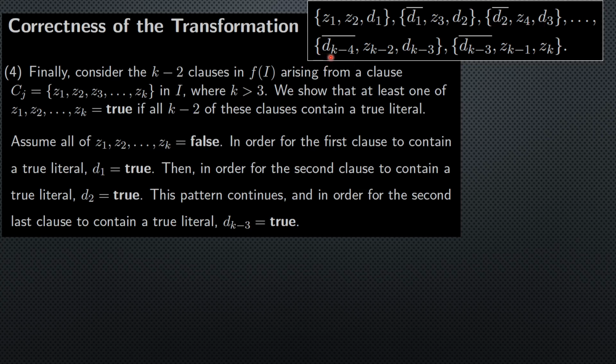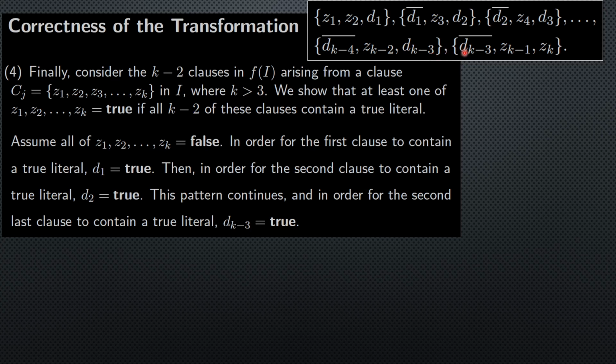And this continues to here, where ultimately, in order to satisfy this clause, D(k-4) was true, so D(k-3) has to be true. So for all these clauses up to this one to be satisfied, all of the variables from D1 up to D(k-3) must be true.